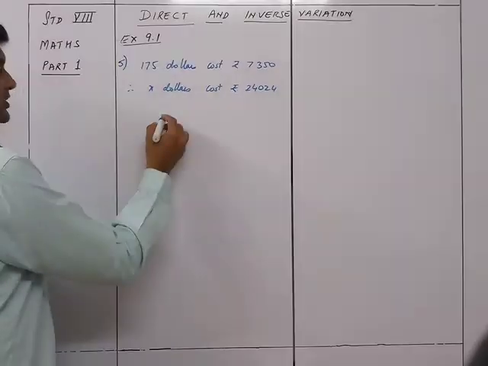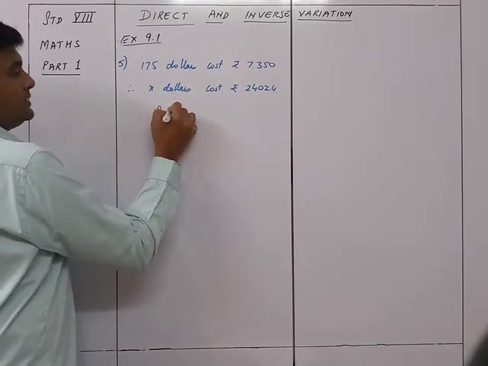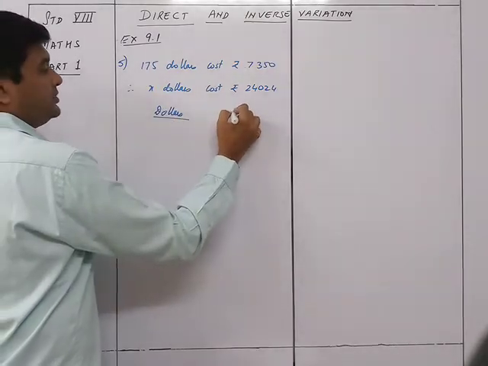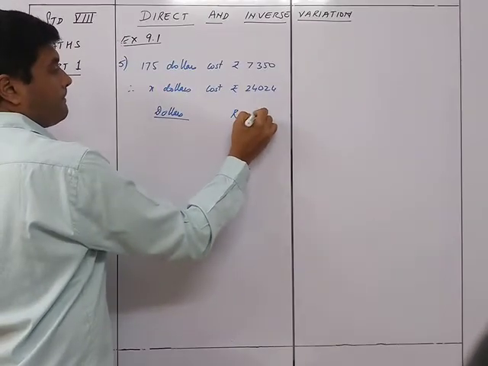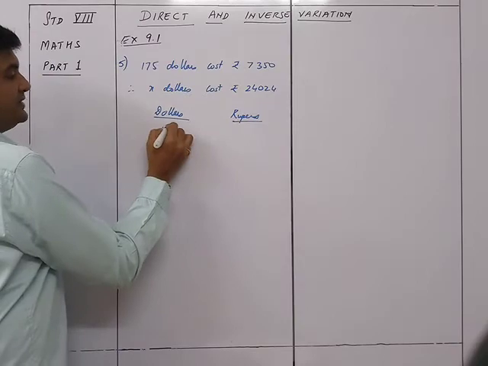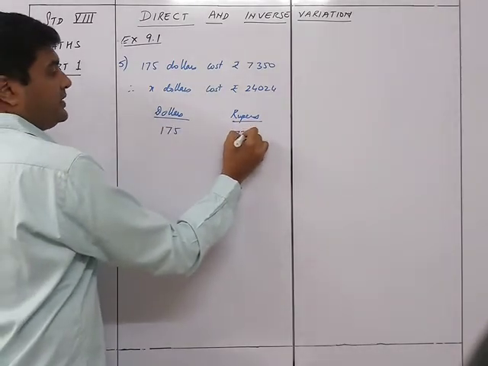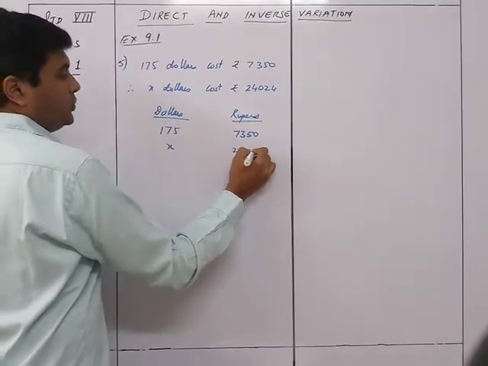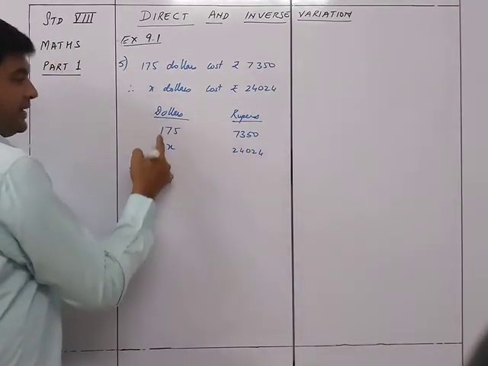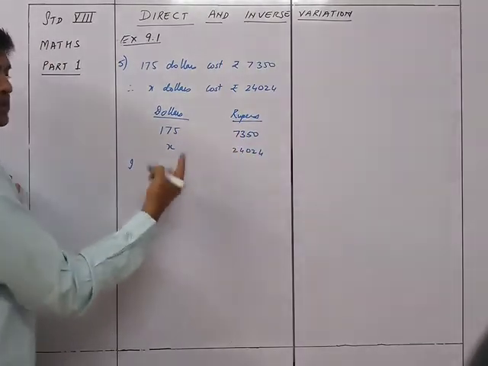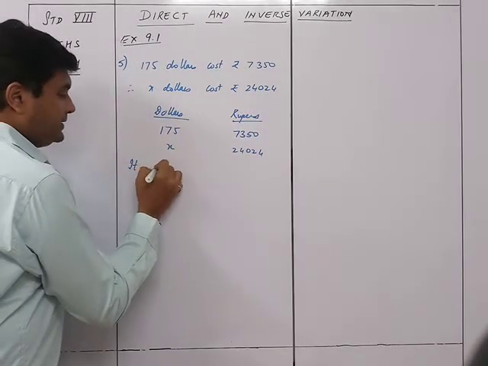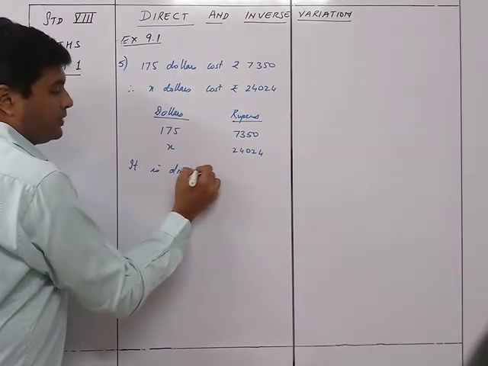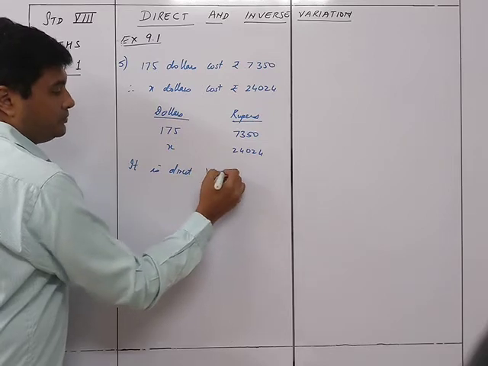Okay, so it is this way. One side is dollars and this is rupees. Dollars 175 will be 7350. X dollars will be 24024. You can see more the dollars, more the cost. So direct variation.